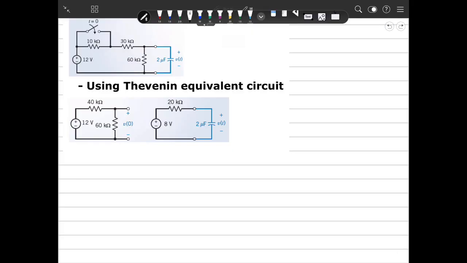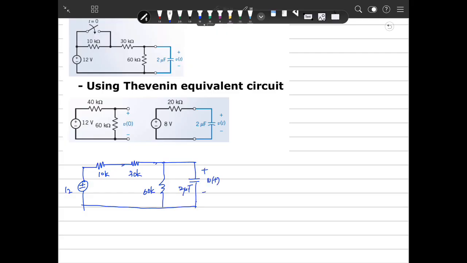I will use another color here. The 12 volt source, the switch is not closed, it is open, so this is a 10 kilo ohm, a 30 kilo ohm and a 60 kilo ohm resistor, and a capacitor of 2 microfarad. This is v(t).